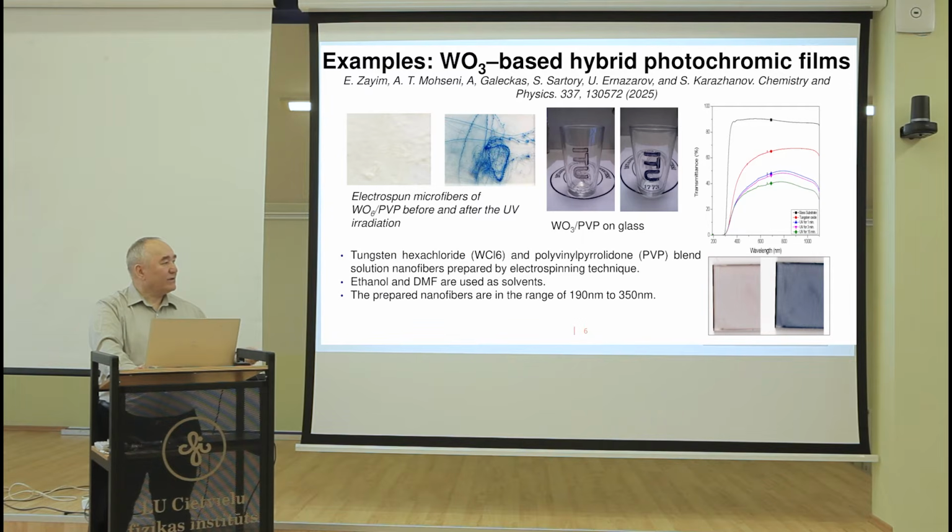At the bottom, you can see two images of photochromic films based on tungsten oxide, and also tungsten oxide-based hybrid films, where tungsten oxide is incorporated into PVP and then deposited on glass sheets. On the right-hand side, you see transmission spectra corresponding to the transparent state of the film and transmittance corresponding to different times when the sunlight is on.